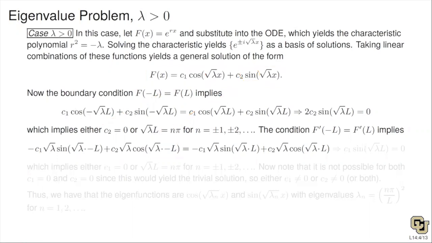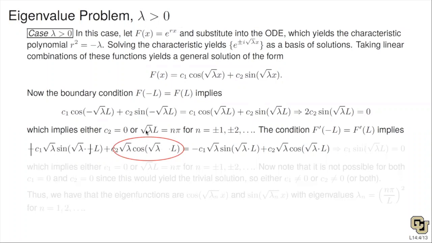Let me review what happens again. We use the geometry again. Cosine is even, so we can make this minus sign disappear. Cosine of minus x equals cosine of x. Sine is odd, so this minus sign, I can pull it out. It cancels with this minus sign. So now if you look at it, the cosines will cancel.